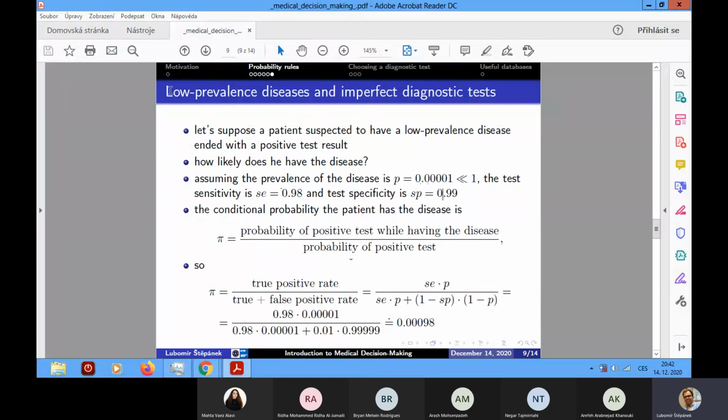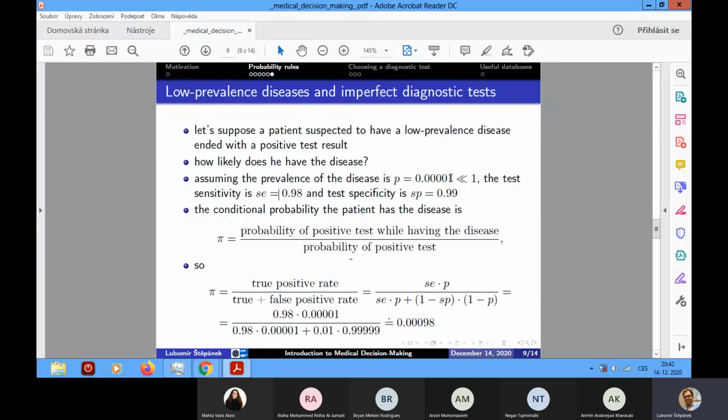So it's something like a curse of low prevalence diseases and our nowadays imperfect diagnostic tests. And I would say this couldn't be improved easily by, for example, improving sensitivities or specificities. Okay, this is a way it could be improved, of course.